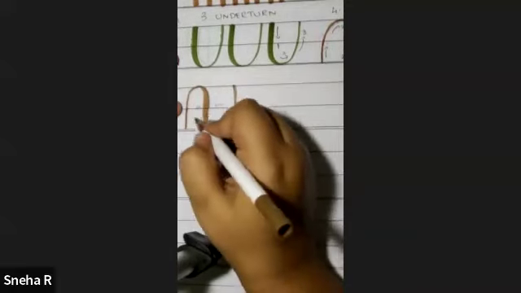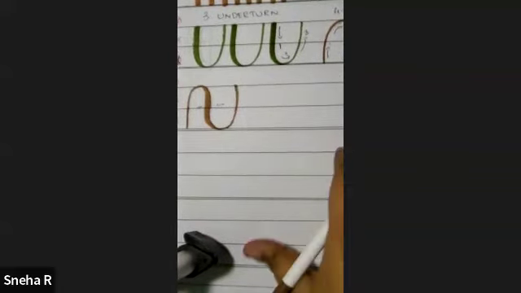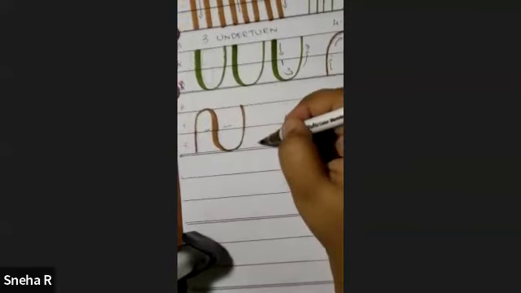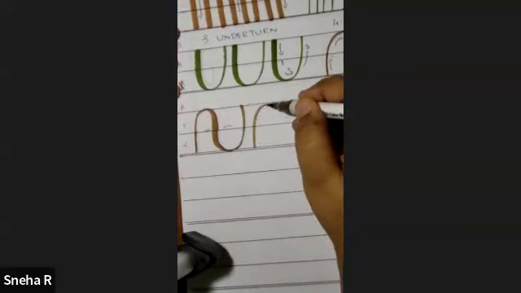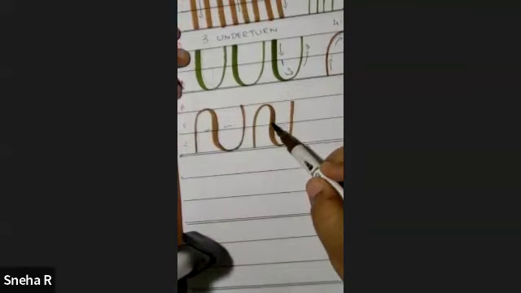Here I have messed up the formation. Do it one more time. Yes. You can see I've given a bit of curve in the center to make it a bit more interesting.